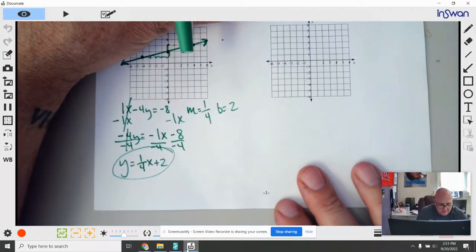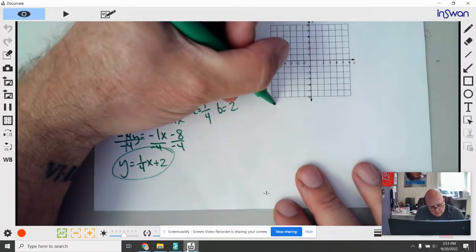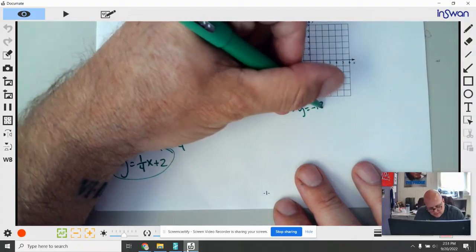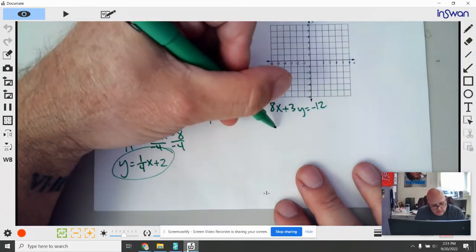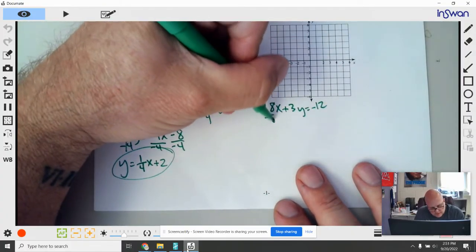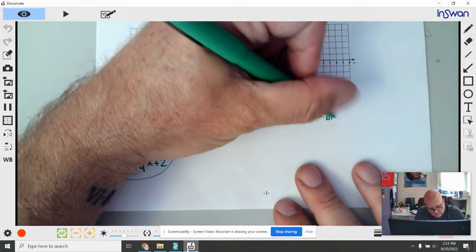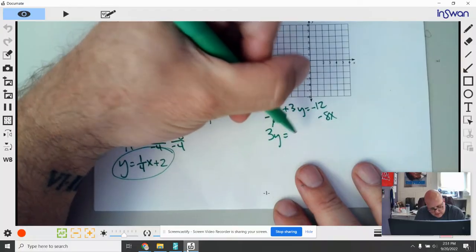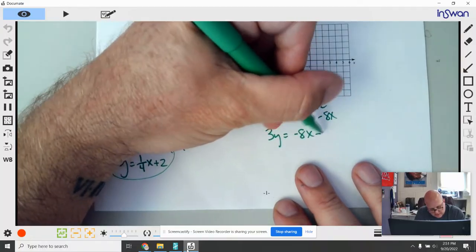Okay, number 4. We'll come down below and rewrite the equation. 8x plus 3y equals negative 12. And then subtract 8x. Cancels. So we got 3y is equal to negative 8x minus 12.